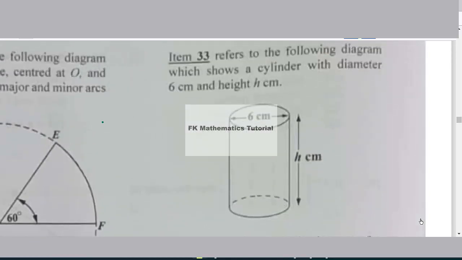So we know the volume of a cylinder is given by base area, which is pi r square, times height.